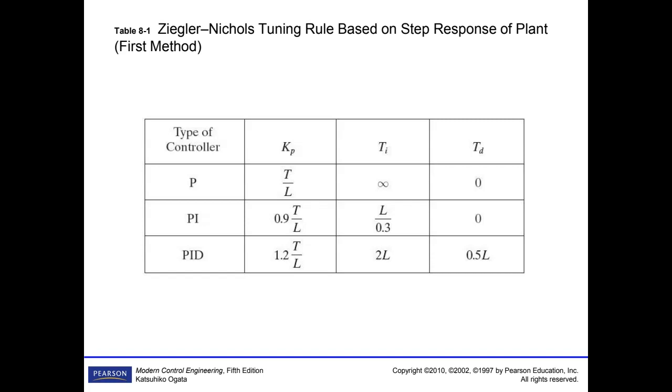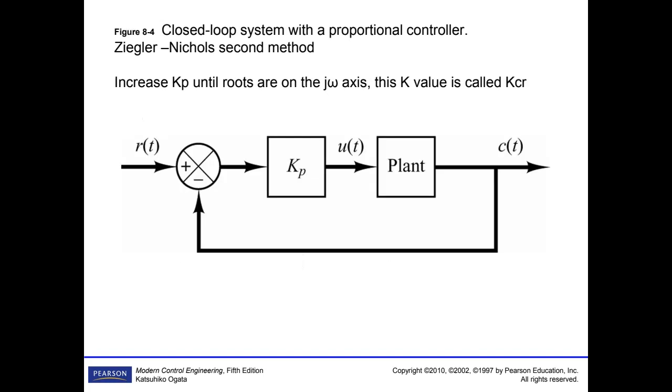However, if any oscillation occurs, that means as you increase your proportionality constant, the oscillation grows up and up until it reaches continuous oscillation. That means the roots are now located on the j omega axis. Continuous oscillation, a sinusoidal or cosine function output.